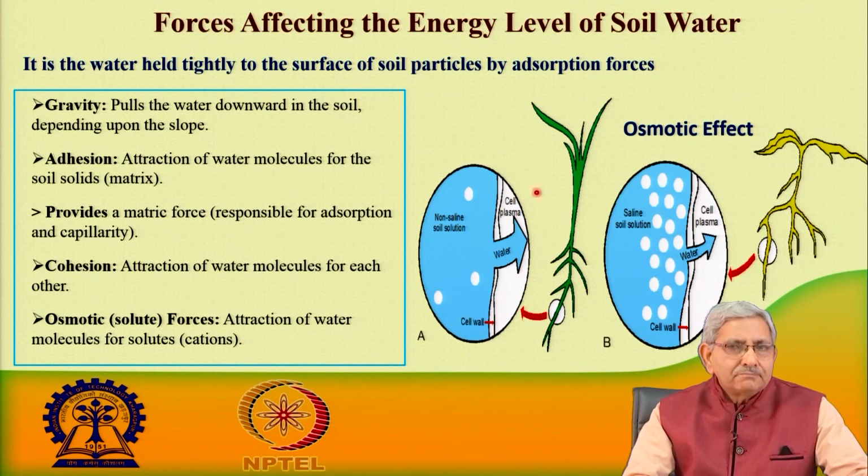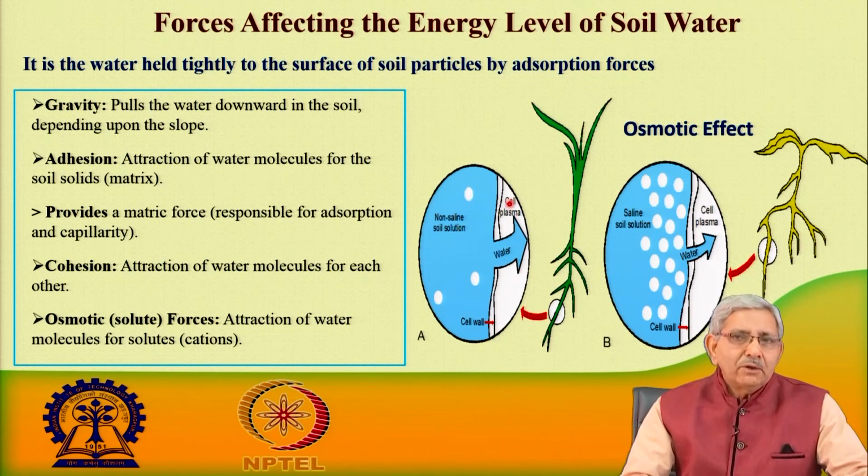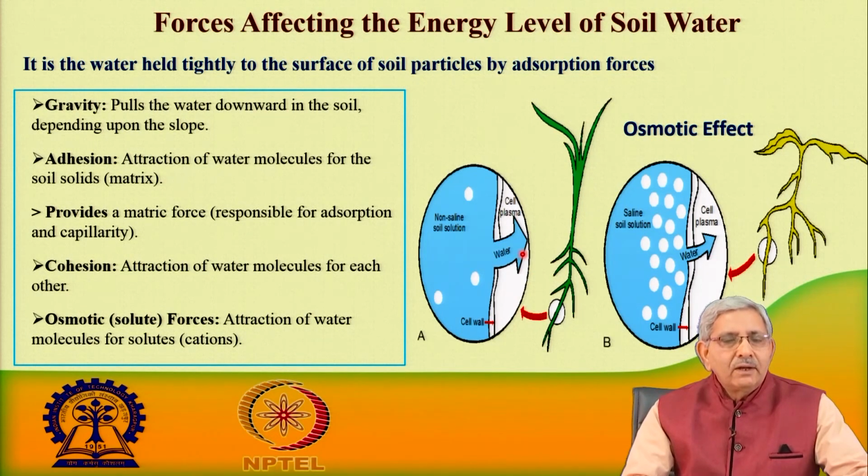Now, consider the movement of water from the soil to the plant root system. If it is normal clear water without any salinity, the movement of water is not hindered when sufficient water is available. But if the water or soil has salinity, the movement of water is slow.